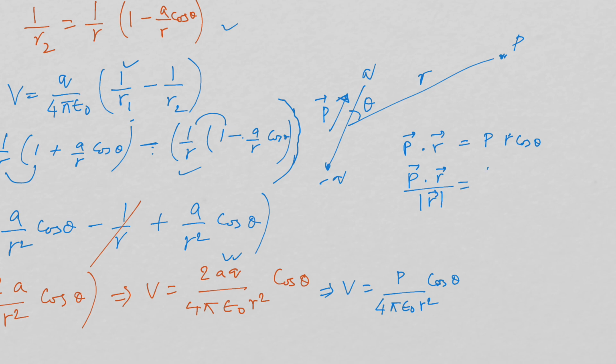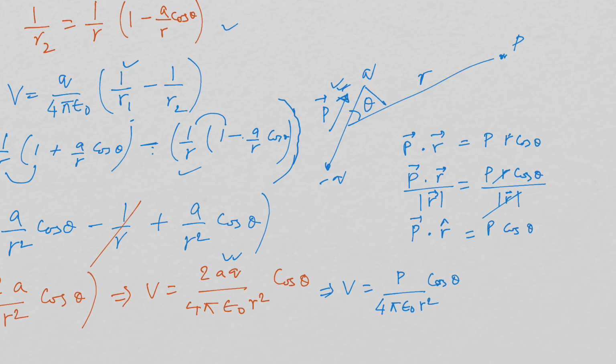then it is actually p r cos theta by magnitude of r. Okay, so this r will be cancelled. So actually p dot the unit vector r is p cos theta. It simply means the projection of the dipole moment p on the radial vector r.